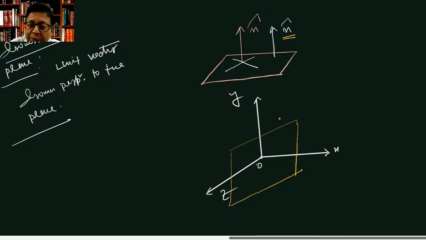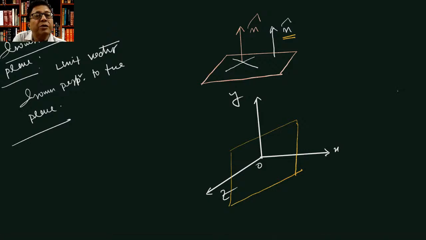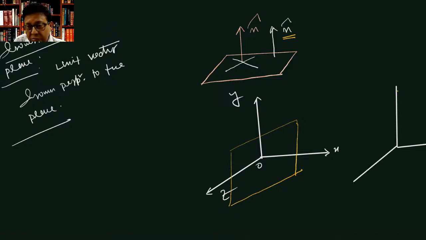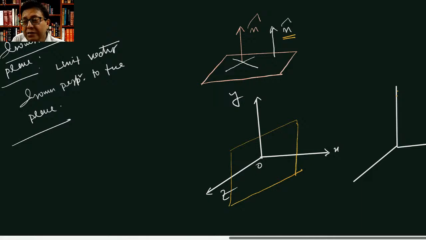So imagine the plane is situated here. This plane is not passing through the origin. We can take the plane this manner also. For your convenience, probably you will understand better if I take the plane this manner. Just drawing a plane like this.